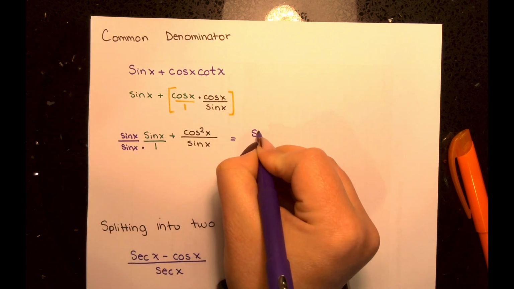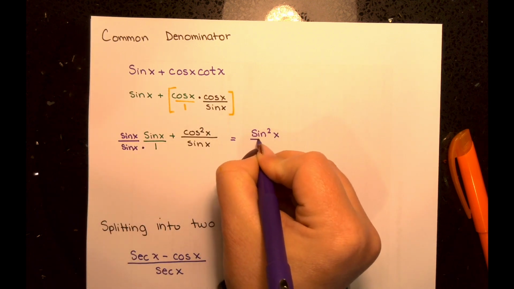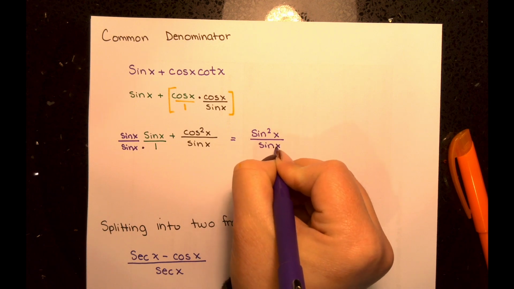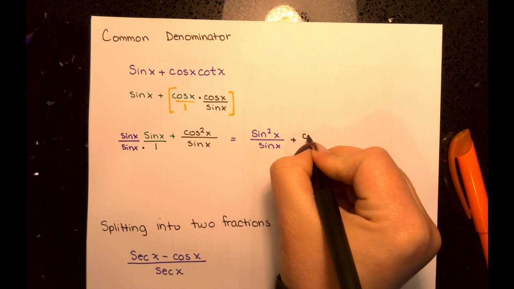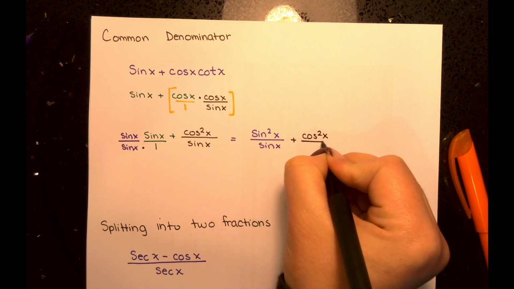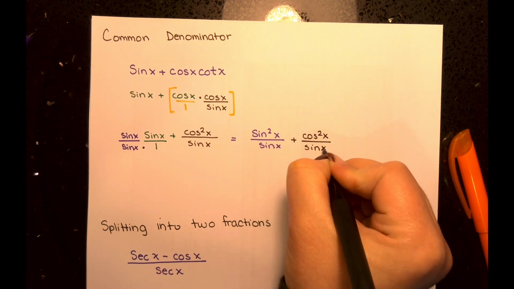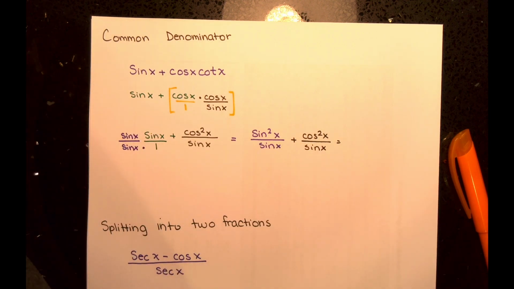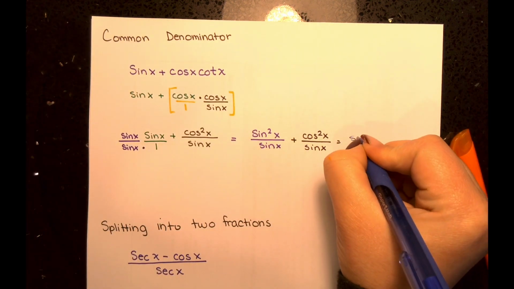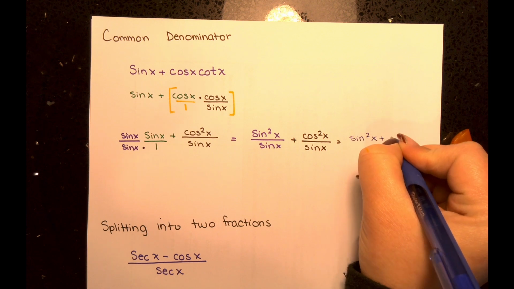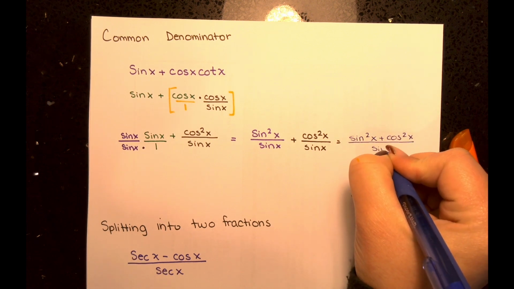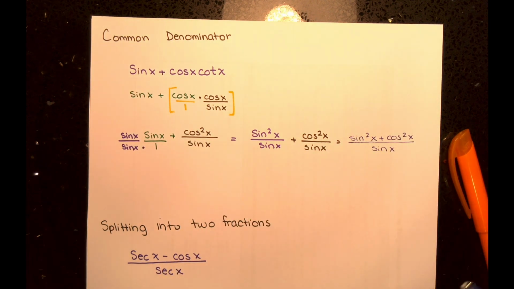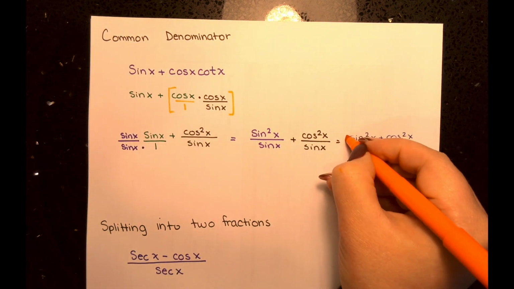We end up with sine squared of x over sine of x plus cosine squared of x over sine of x. Adding that together, we end up with sine squared of x plus cosine squared of x all over sine of x. And again, should be screaming at you now.